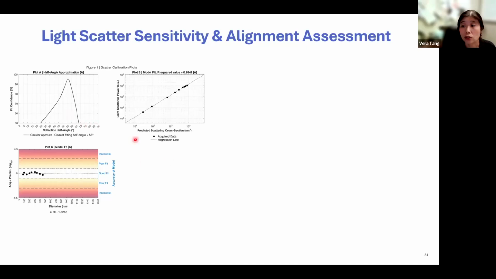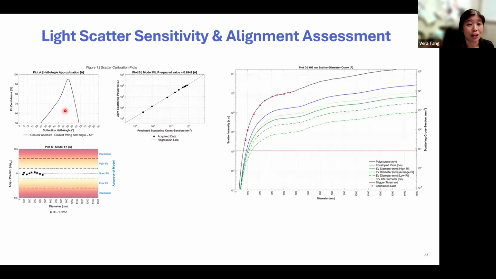The collection angle is essentially going to be 55 degrees, or sorry, the half angle of collection, because of that geometry. So the full angle of collection is 110 degrees and half of that is 55. Experimentally, just by doing this calibration, running those NIST beads across those populations, we're able to predict that the alignment on this particular instrument is 56 degrees. That's pretty close to 55 degrees, which is the theoretical.